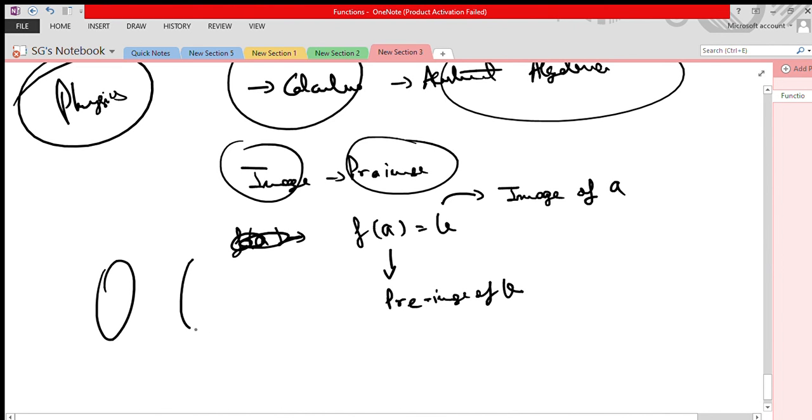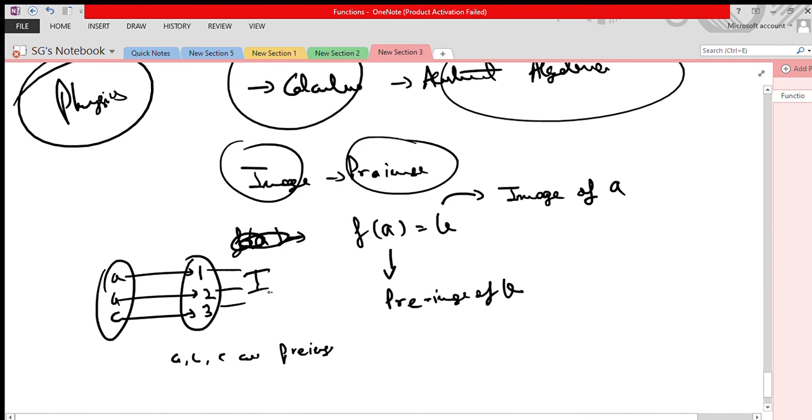Suppose you have two sets, this is A, B, C. A gets mapped to, let's say, 1, B gets mapped to 2, C gets mapped to 3. So A, B, C are pre-images and 1, 2, 3 are the images. This is the definition of image and pre-image.